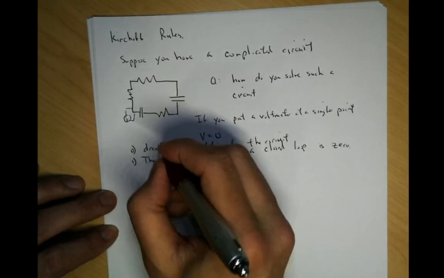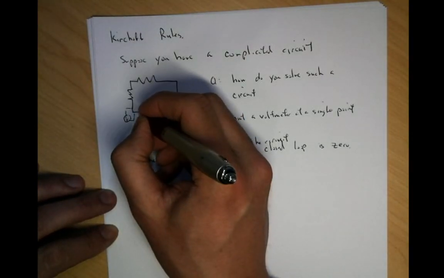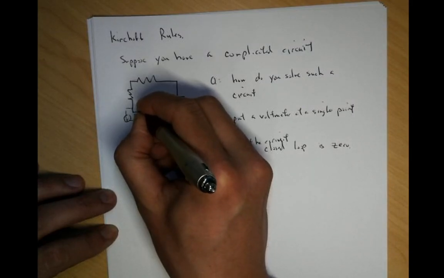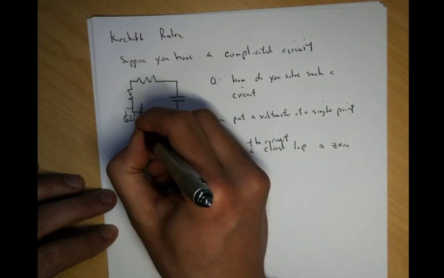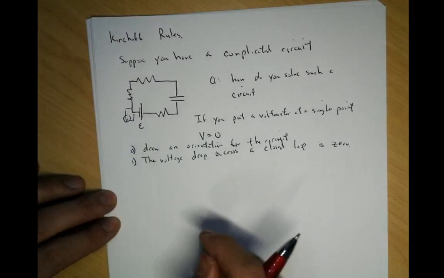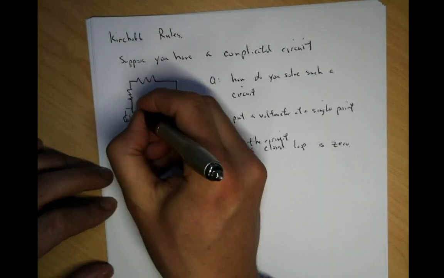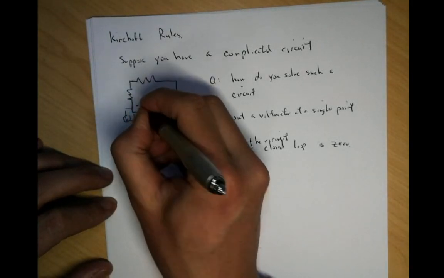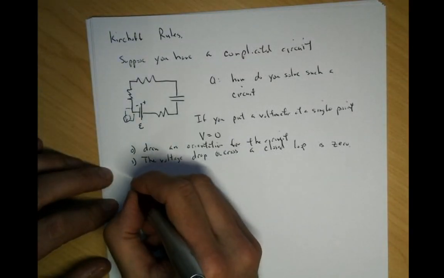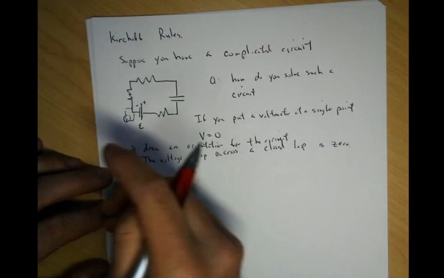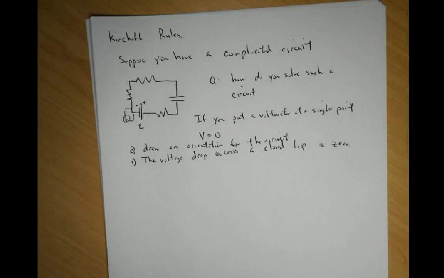I forgot to show this: there should be a battery here. I'll put an epsilon here for the EMF. And I believe this is a minus and a plus. The big plate is the plus plate.